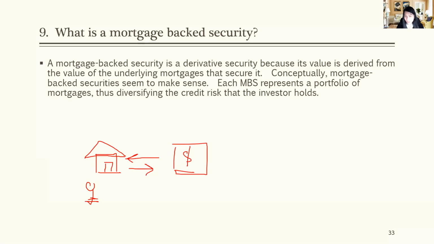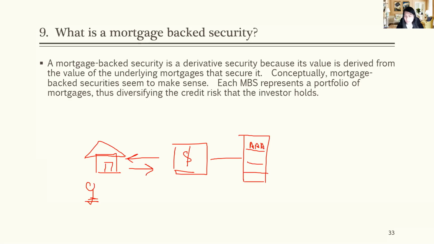After the bank is entitled to the loan certificate or the mortgage, then they will tranche, or create a portfolio of securities based on this mortgage, and sell them off to different investors.